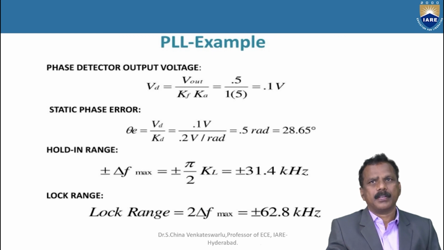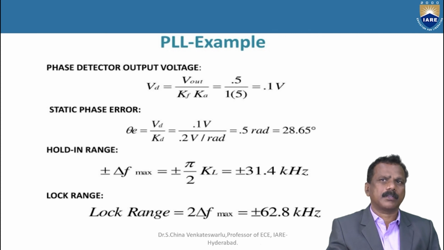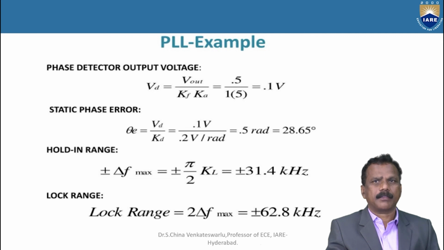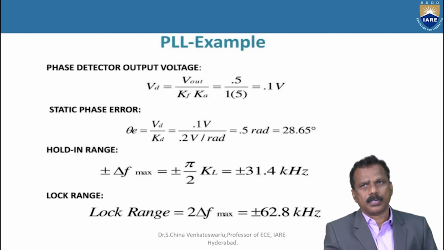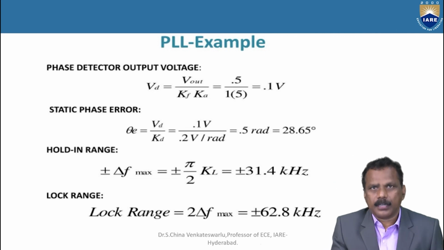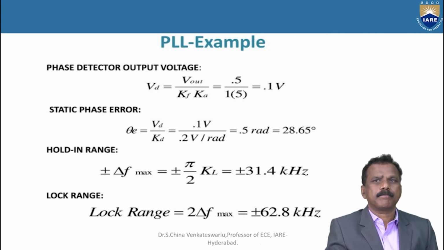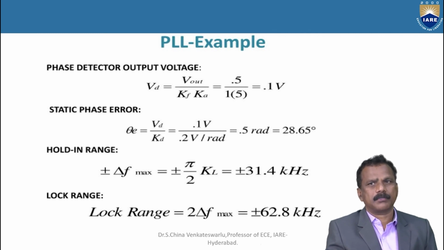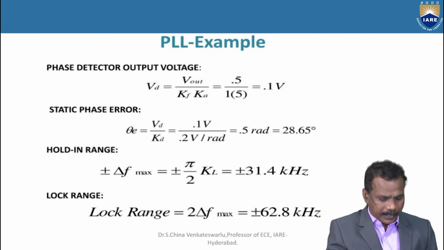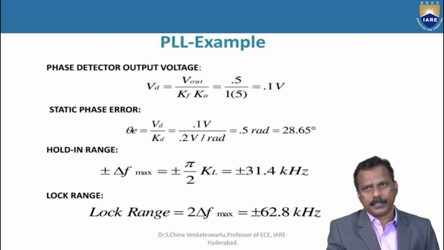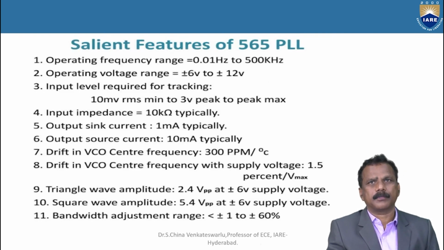The next PLL example: phase detector output voltage Vd is equal to V output by Kf into K. Static phase detector error. You should follow this typical value, and the hold-in range is plus or minus 31.4 kilohertz. And the lock range, these are practically measured typical values.